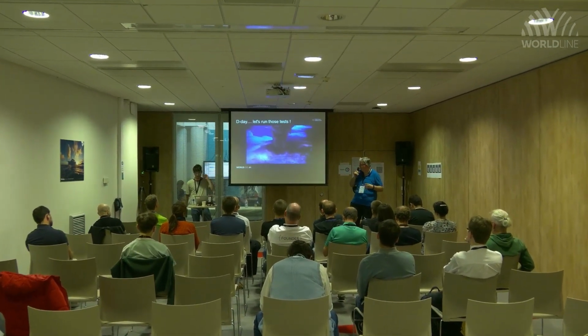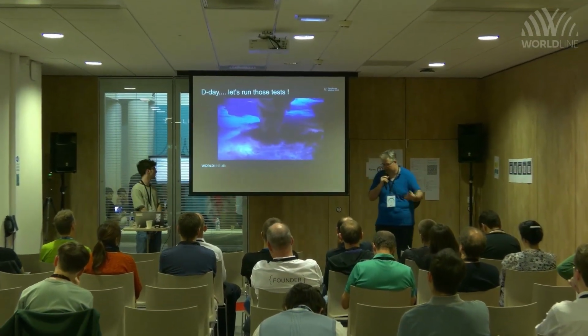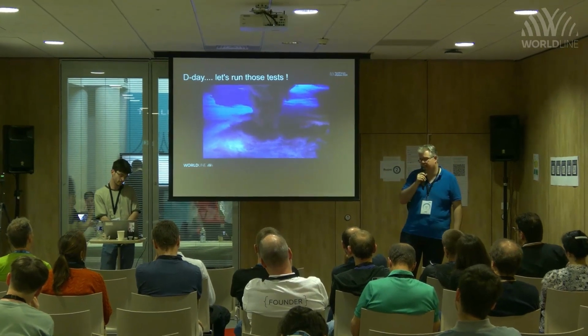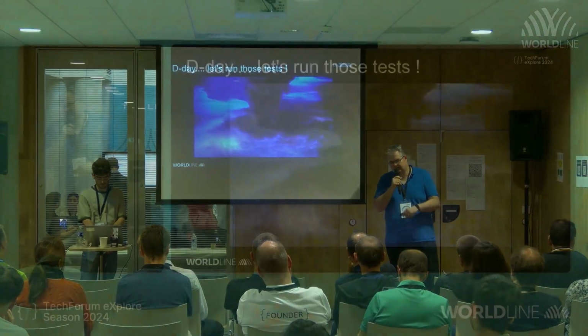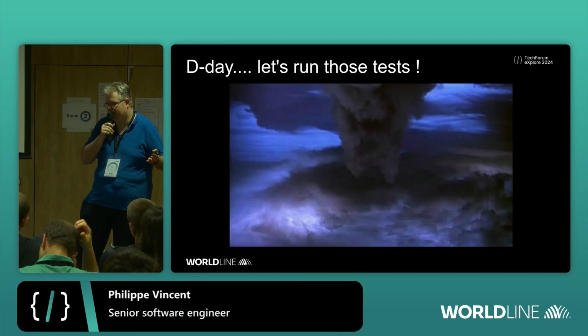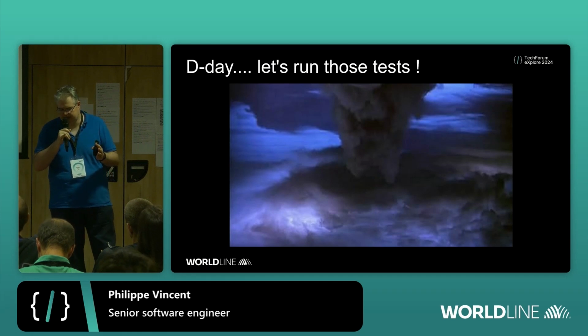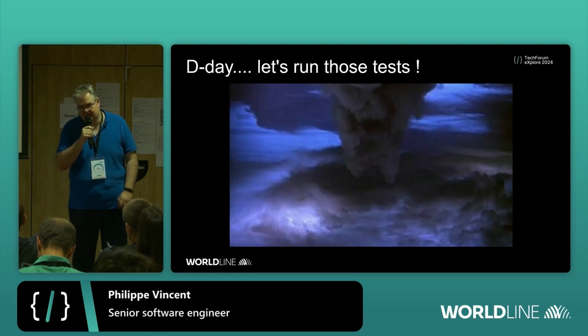The more you wait, the bigger the risk someone will disturb your system. And if someone disturbs your system, then you can throw away your result, because you cannot compare apples to oranges, definitely. So that's why you need to keep it in a short time frame as much as possible.